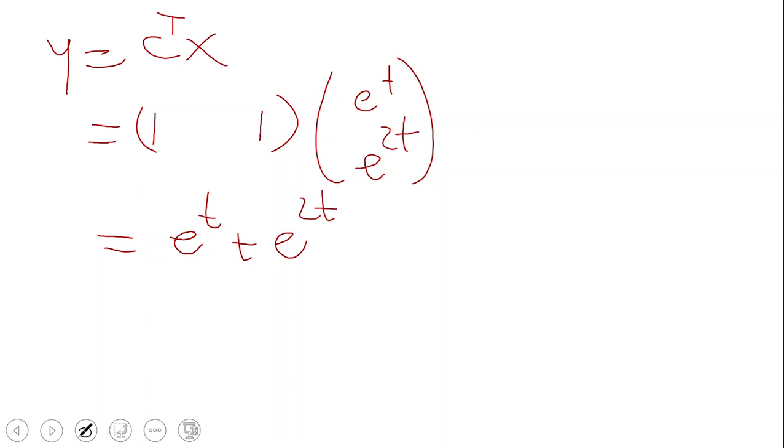Now we are asked at t equal to natural logarithm of 2.